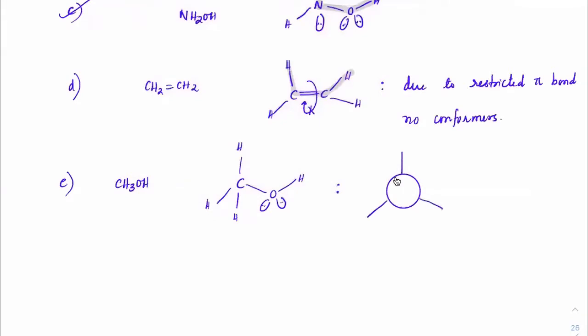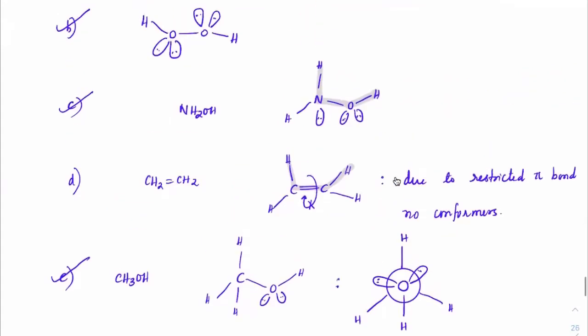Now, in front there is no carbon, there is oxygen. So I'll write it as oxygen. It has 2 lone pairs on it, and 1 hydrogen. You can see this is the kind of Newman projection I can make, and this is a staggered conformation. If I make this hydrogen come here, that will become an eclipsed conformation. So yes, here also conformation can exist.